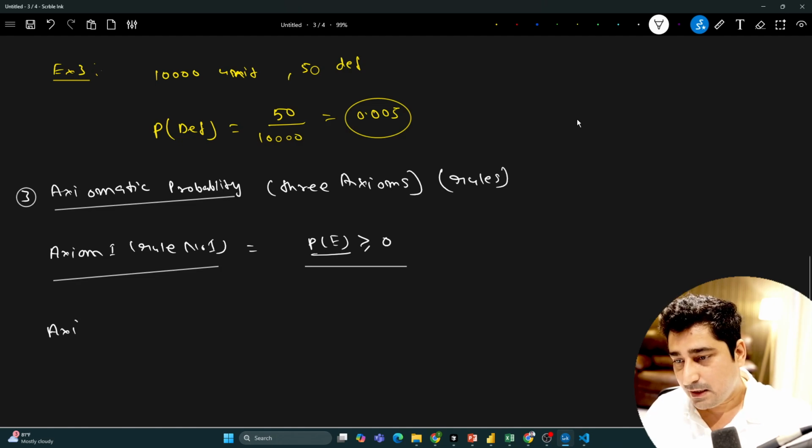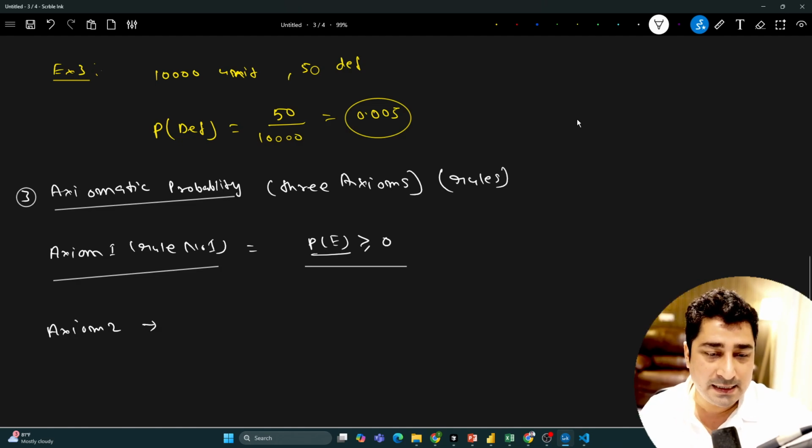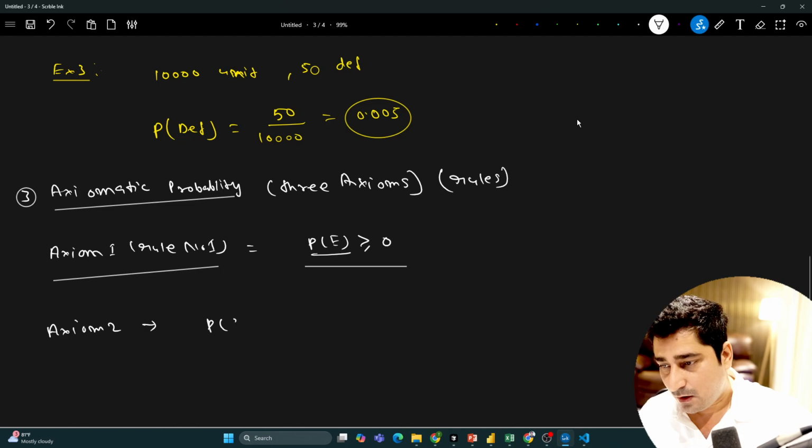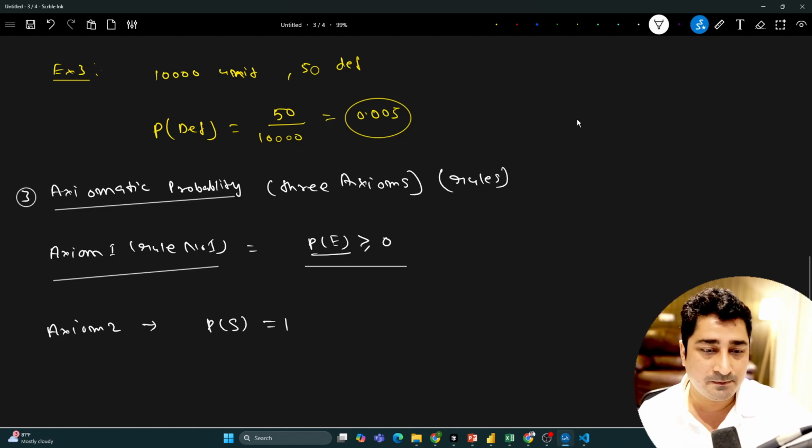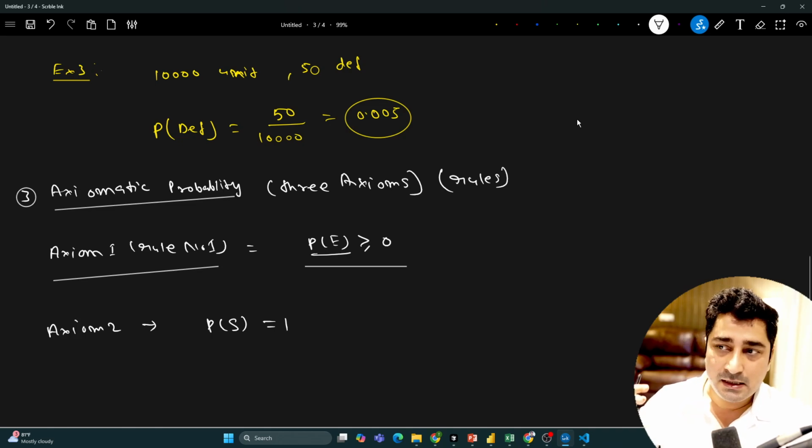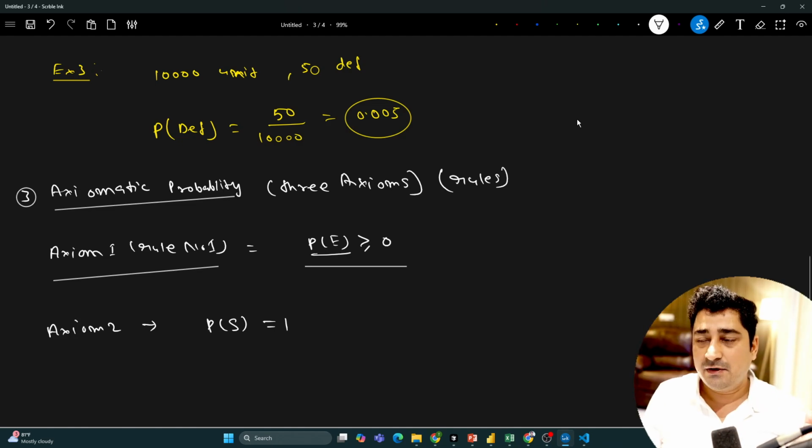Now he has given axiom 2, or rule number 2, and it says that P(S) is equal to 1. Now what is the meaning of this? He said that the total probability of any sample space is going to be 1. For example, if I'm trying to roll a dice, and someone asks me what is the probability that I will get 1, 2, 3, 4, 5, 6.